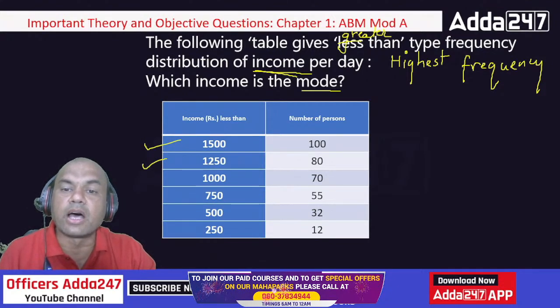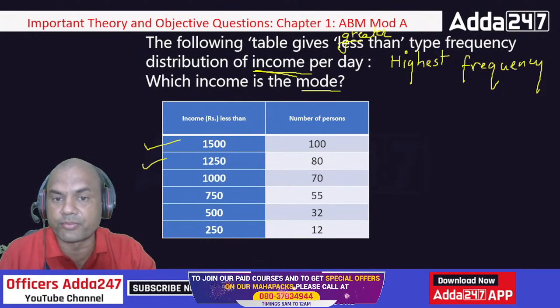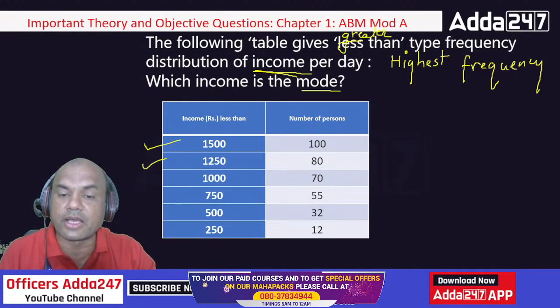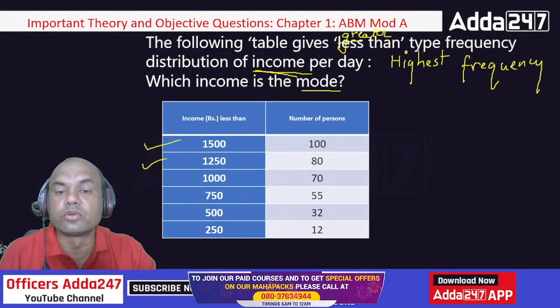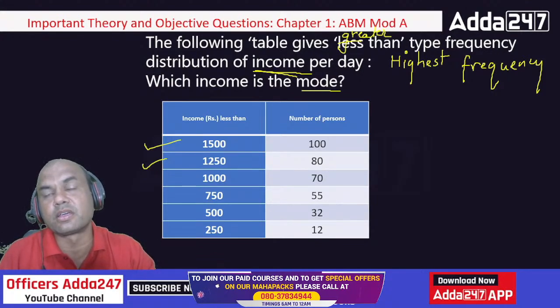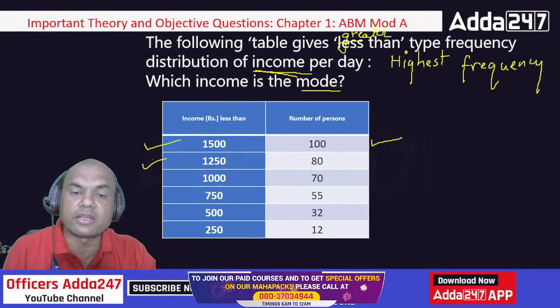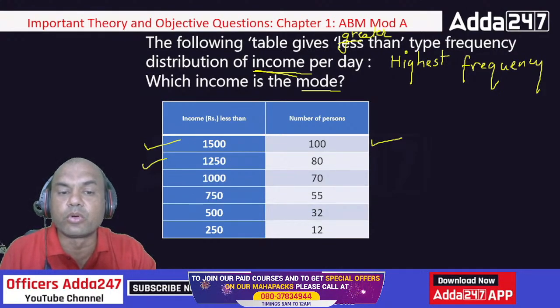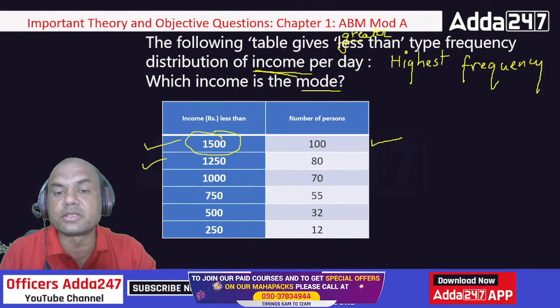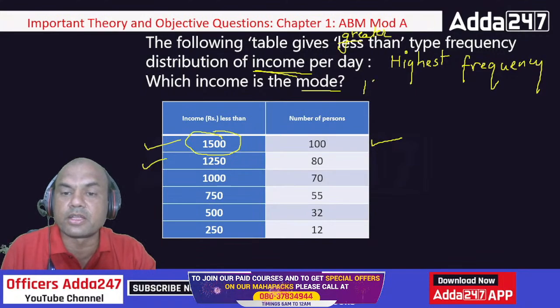Now we have to find a mode. So mode means which is having the highest number of frequency. So who's having the highest number of frequency over here? It is 100 obviously, right? So 1500 is the modal class over here. So which income is the mode? The income mode is 1500. This is the mode.